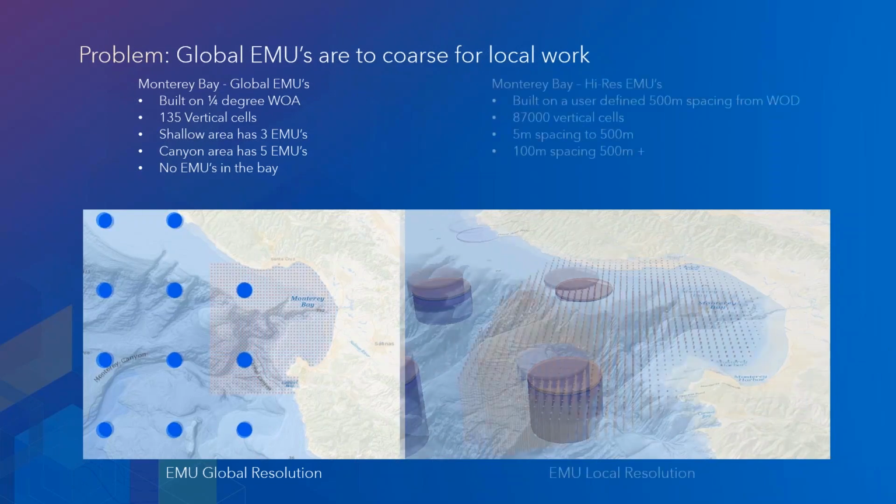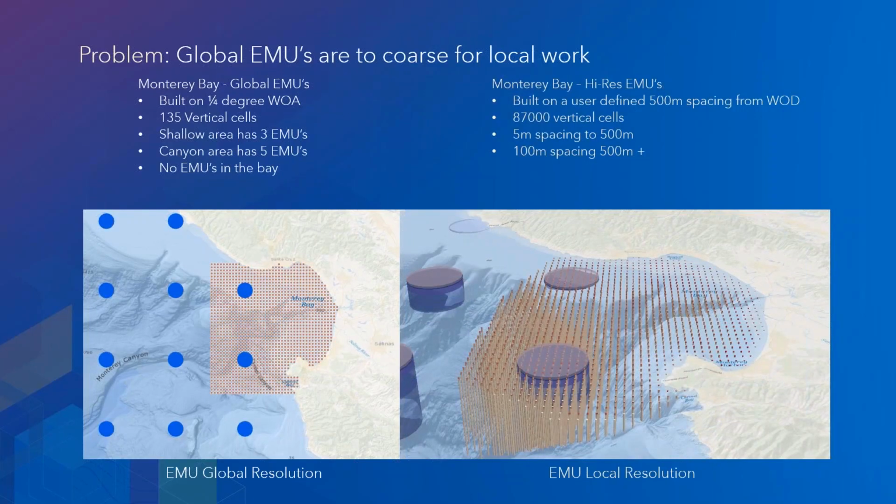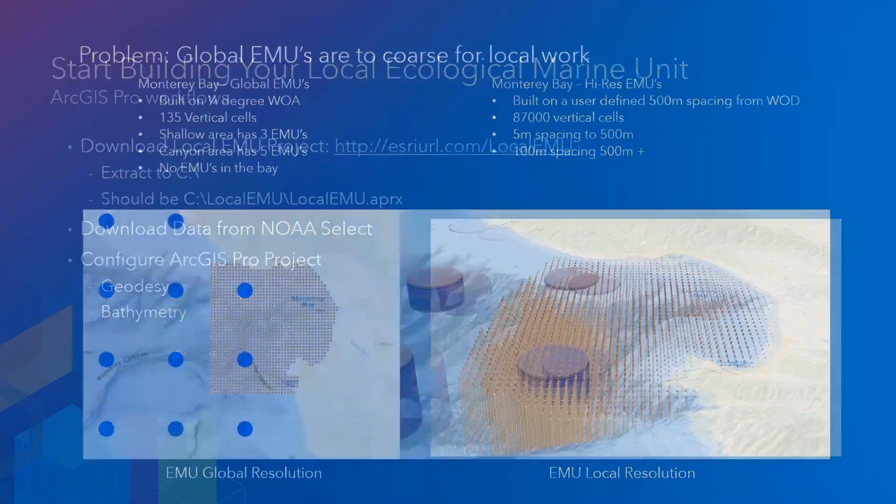But we've been working on an EMU for the local resolution, so that you can add in your own sampling of data into this workflow, and then you can come up with your local EMU as well at much higher resolution that would be more appropriate for doing small urban area change detection.